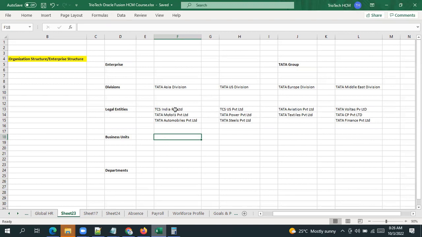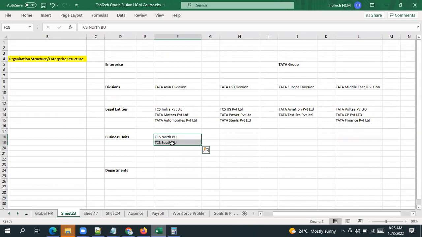My client like TCS India Private Limited, having their operations both in north and south areas in India team. So they have defined as a company, TCS India Private Limited is there. Under that, the next operating units will be something like TCS North BU, and they have something like TCS South BU.